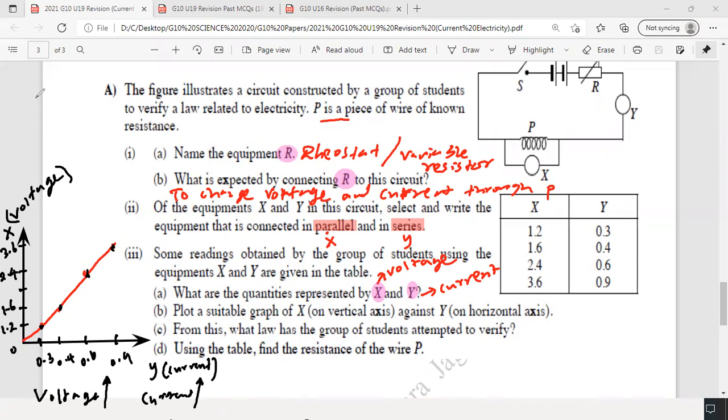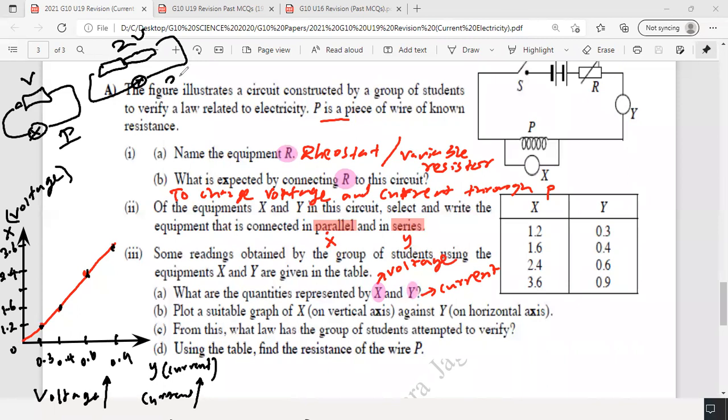Practically, if you have one battery, there is a certain brightness, and with 2 batteries the brightness doubles, current doubles. That's what it means. When you increase the number of batteries, here voltage V, here 2 volt, current becomes 2I. When voltage doubles, current also doubles.